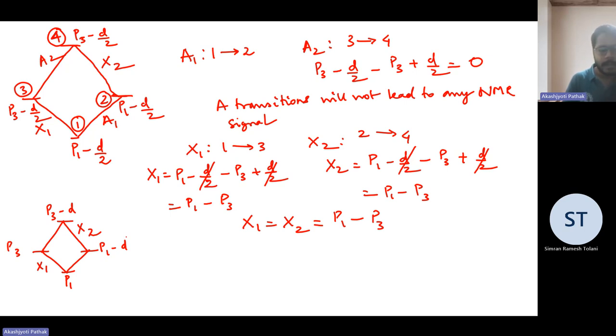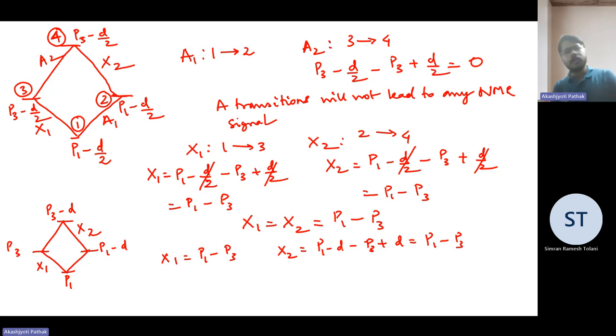So here also in the equilibrium condition, if we look at the population difference in this X1 and X2, then we will see that X1 is equal to P1 minus P3, and X2 is equal to P1 minus D minus P3 plus D. So here also P1 minus P3.